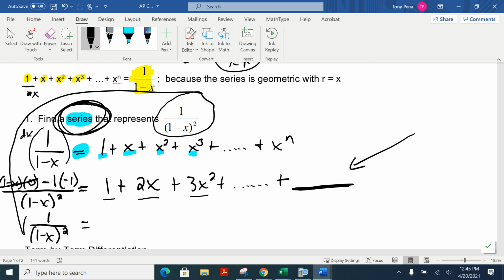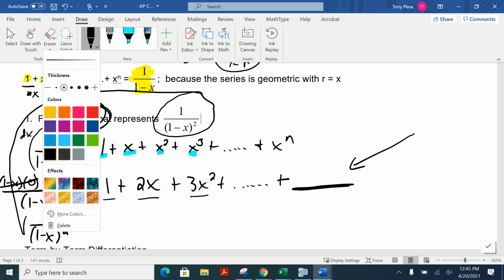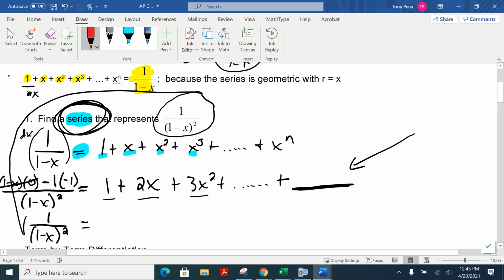It's really easy. Because you could look for the pattern.